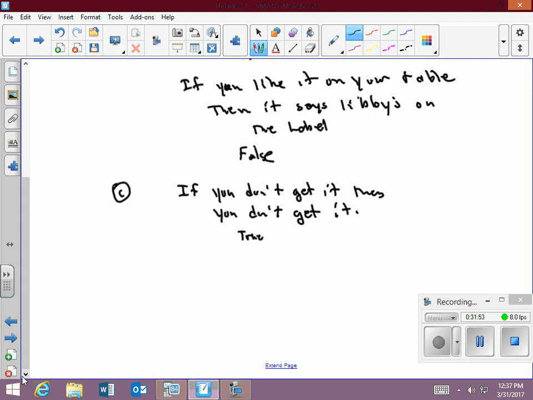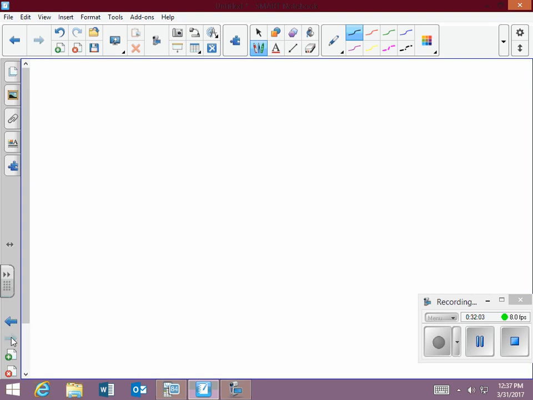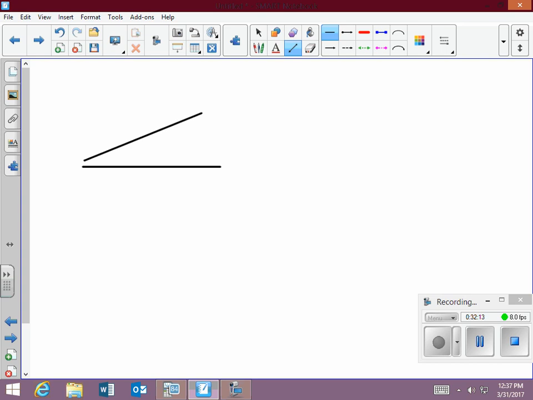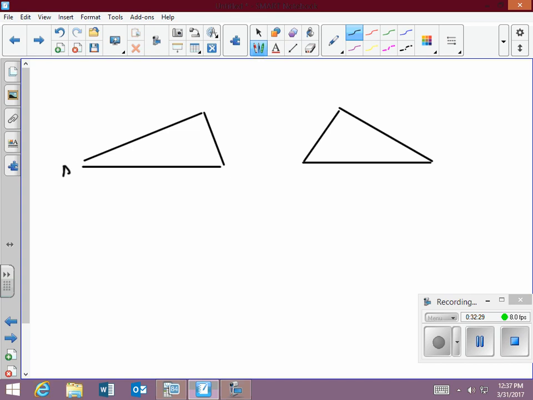The thing you got to make sure of when you write these congruent triangles is, let's see, if you have a pair of triangles labeled A, B, C, D, E, F, and the triangles are congruent.